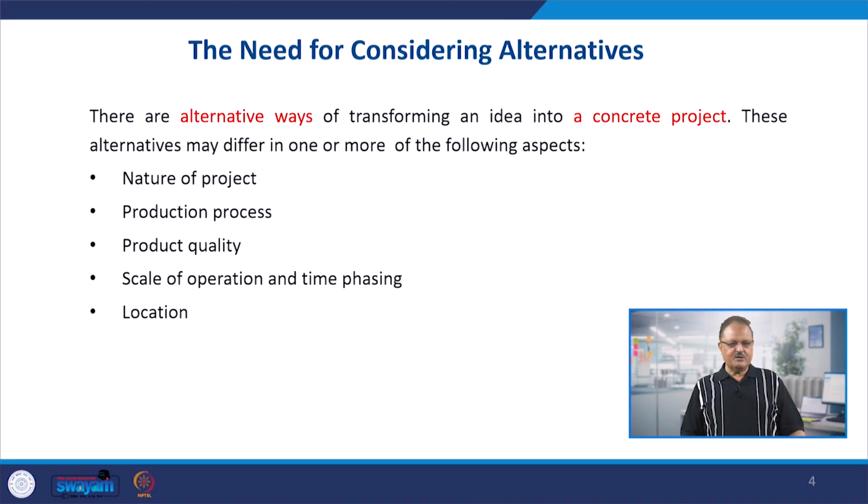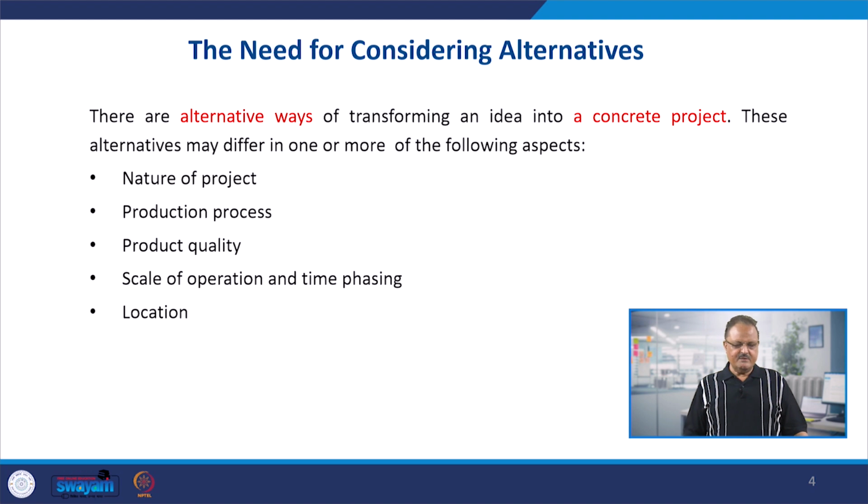The last thing we are going to talk about is the need for considering alternatives. Alternatives are available and required to be considered at every stage. Think about idea generation. We get a number of ideas in our mind for setting up a venture, for moving into business, and for having our own enterprise.